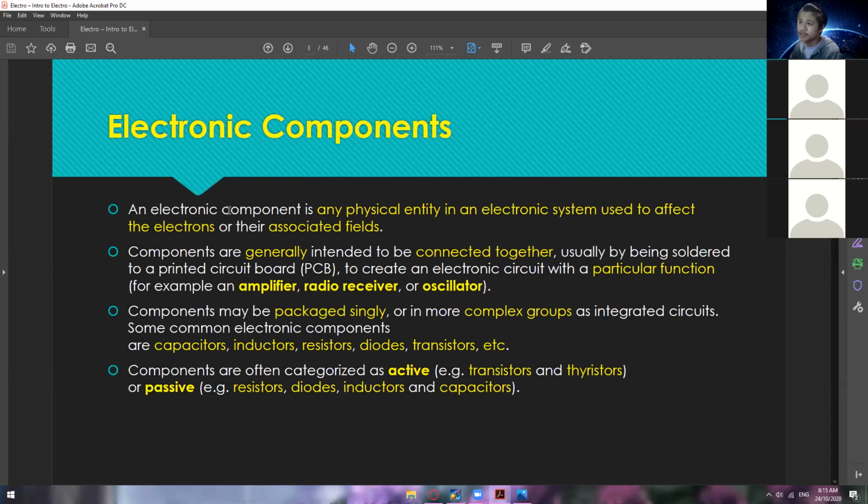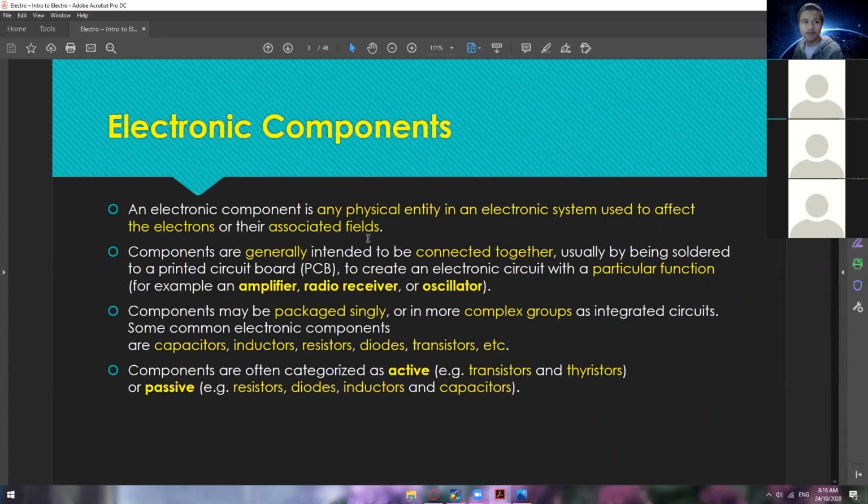An electronic component is any physical entity in an electronic system used to affect the electrons. So it is very obvious. Any physical entity, as long as it has a physical form that can affect electrons, or in other words electricity, or any other associated fields, then that is already an electronic component.